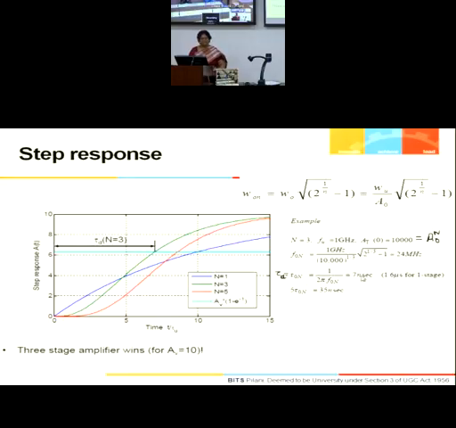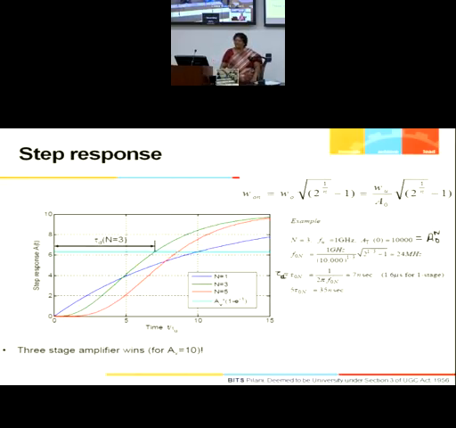So if I give it a stabilization time of 5 tau total, it comes out to be 35 nanoseconds. That is for a 3-stage cascade with every stage having a gain of 10,000 to the power 1 by 3 and a UGB of 1 gigahertz, you are able to get a total response time of 35 nanoseconds.